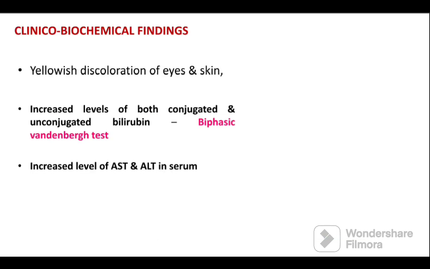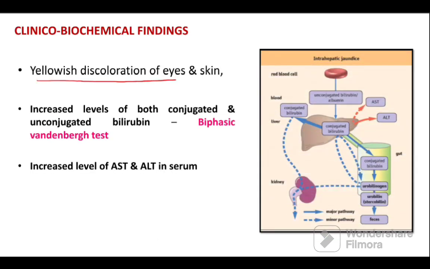Now, clinico-biochemical findings: the patient will have yellowish discoloration of eyes and skin, and there will be an increase in the levels of both conjugated as well as unconjugated bilirubin, because some part of the liver will be working normally and some part of the liver will be diseased with parenchymal cell damage.